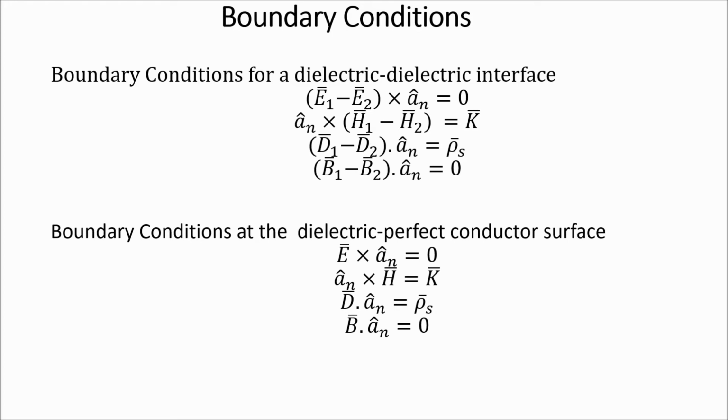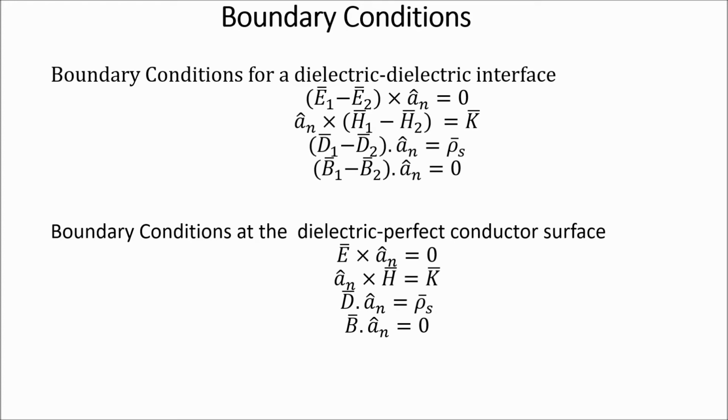We just drop the suffix 1, so E1 is changed to E. E is the electric field coming from the dielectric medium, and H is the magnetic field for the dielectric medium. D and B are the electric flux and magnetic flux respectively coming from the dielectric medium. But E2, H2, D2 and B2 are 0 inside the conductor.